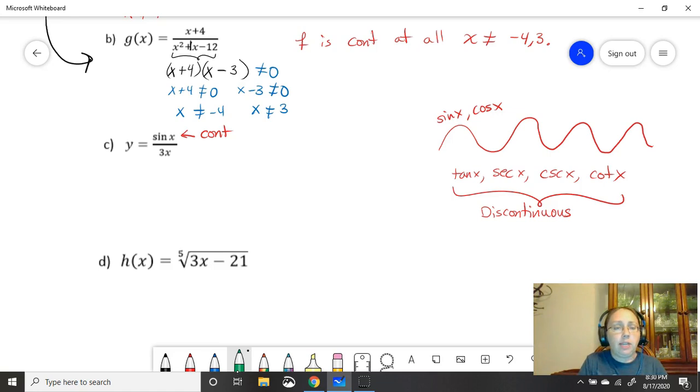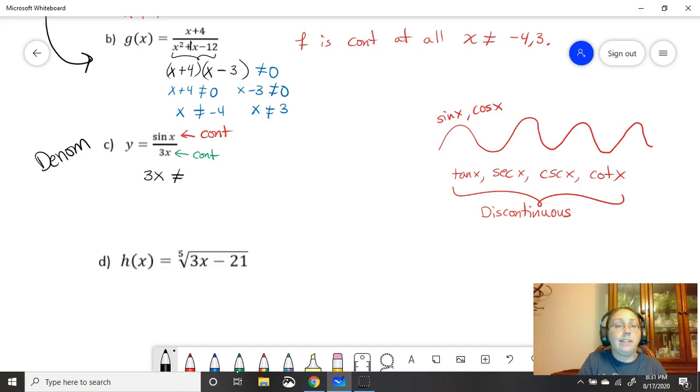Okay, 3x on the bottom, that is again a linear function. It's just a number times x, so that's continuous. So the top's continuous, the bottom's continuous. So is this continuous everywhere? No, again, we have the same problem as the last two. We have a denominator. So our denominator is 3x. What is the denominator not allowed to be?